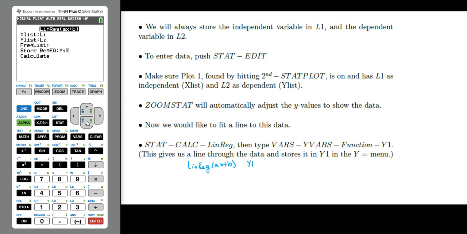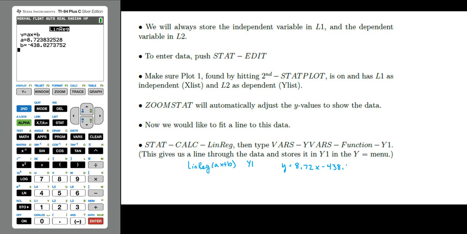And then once you're done with that, if you have a screen like mine, you hit calculate, and if you have a screen like this down here, then you just hit enter. But either way, we should both be seeing the same thing here. We should be seeing y equals 8.72x minus 438.